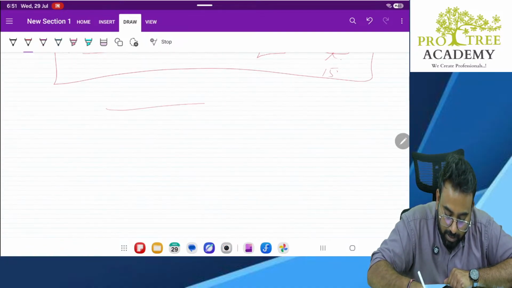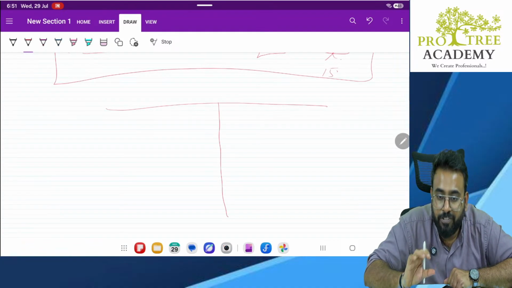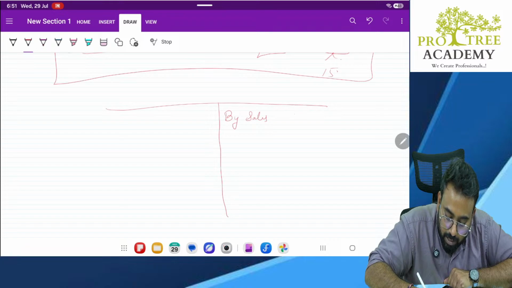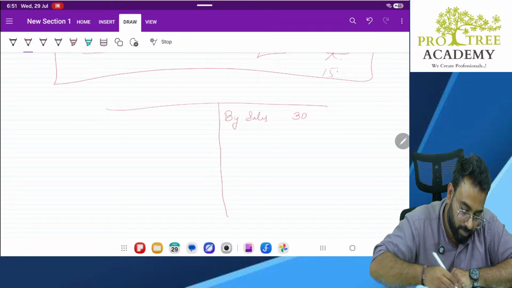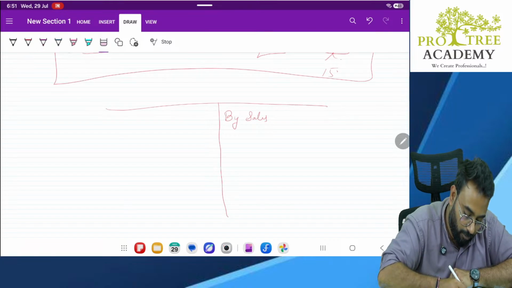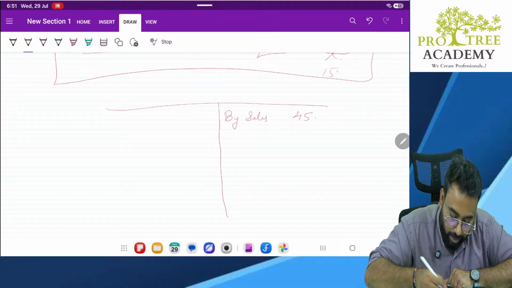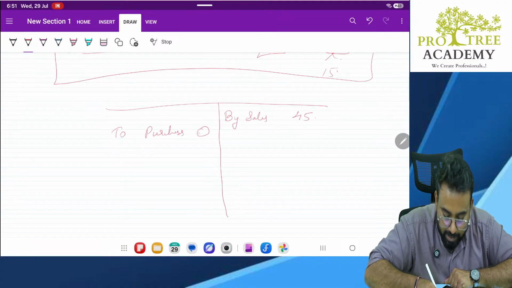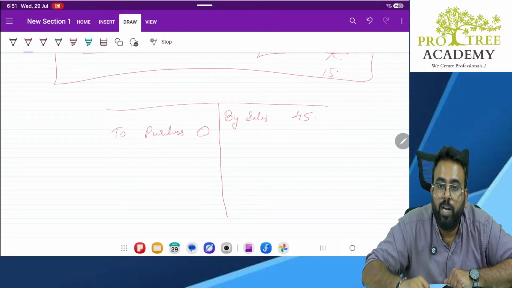Now let's see how this equation will fit into the trading account. How much is the sales? Sir, sales is 45 rupees, sir. Okay. How much is the purchases, sir? Sir, no purchases, sir. 0. Does that mean you made a profit of 45?